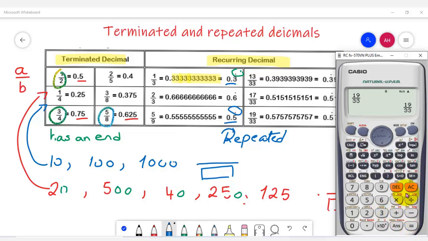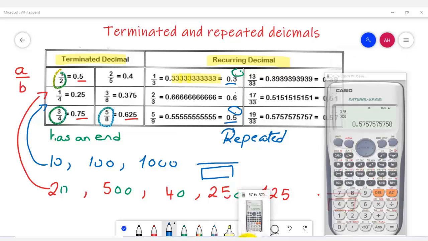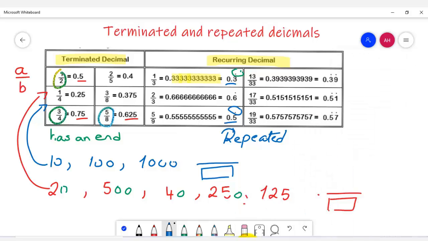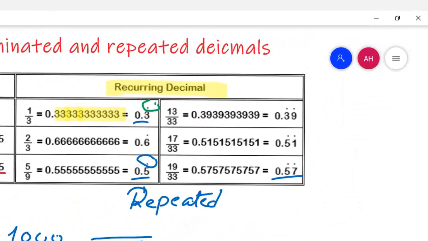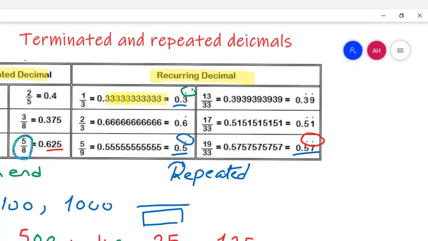Equal, change it to decimal, 0.57, and the 5 and the 7 are repeated. So I'm going to write it as 0.57 and then add 2 dots, one above the 5 and the other above the 7, meaning that the 5 and the 7 are repeated.